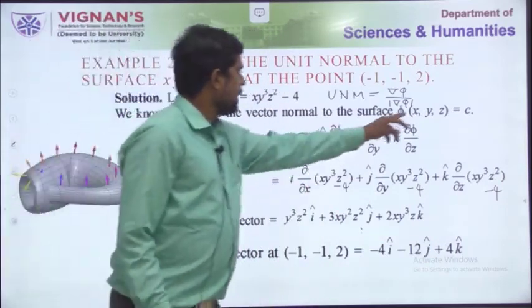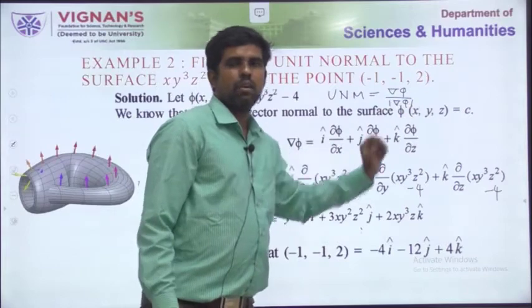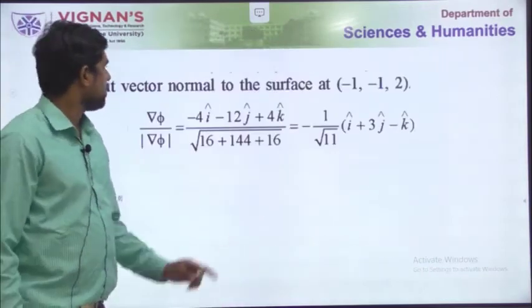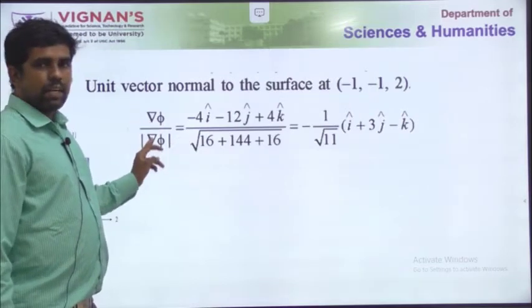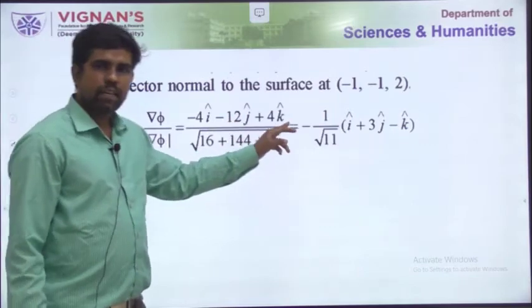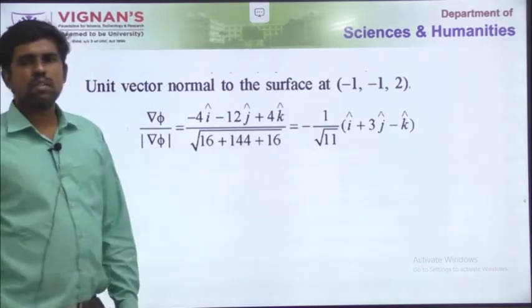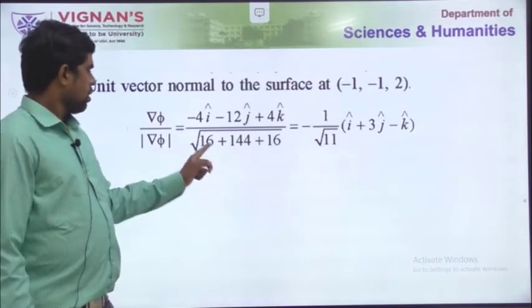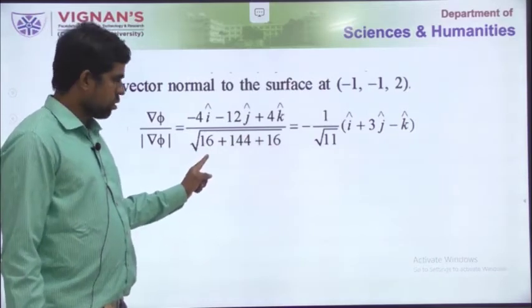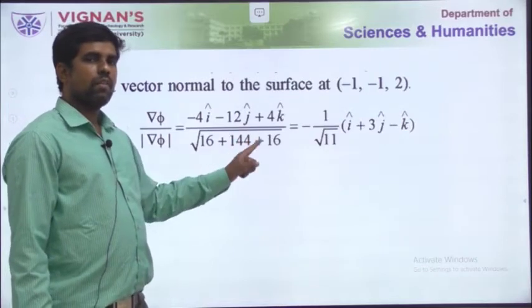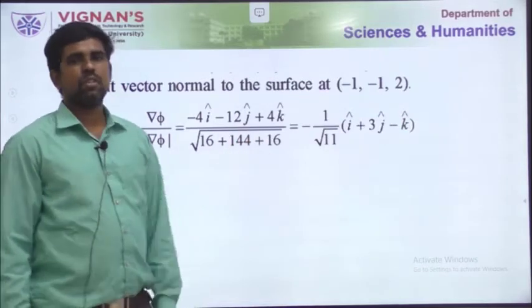Then what I need is the denominator value, modulus of del phi. Del phi divided by modulus of del phi is the unit normal vector. So del phi I have written. What is modulus of del phi? You know the modulus of a vector is the square root of the coefficient of i square plus the coefficient of j square plus the coefficient of k square.